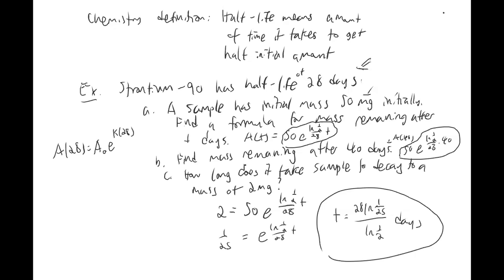But by definition of half-life, this is 1/2 A naught, right? It's half the initial amount. And then divide by A naught on both sides. Get a half equals e to the 28k. And then I just ln both sides and solve for k. Do you follow? Okay, cool.